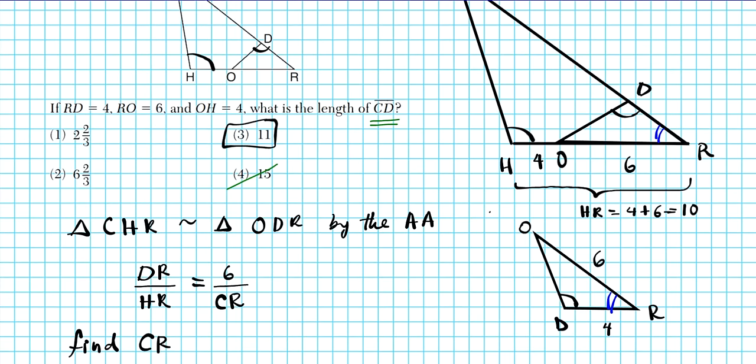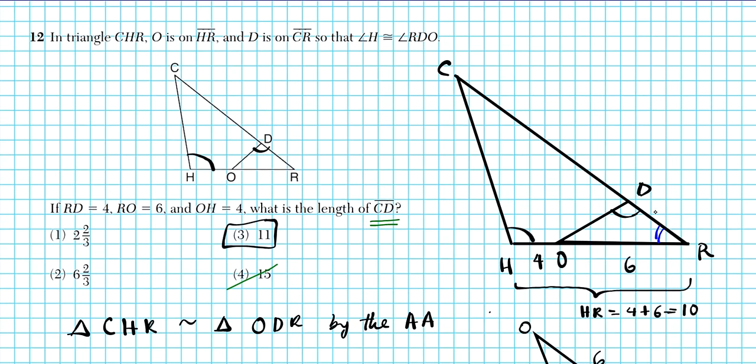Let me put it in the figure so you can see what's going on. So this is 4. The entire thing, from here to here, is 15. Okay, so that's 15.